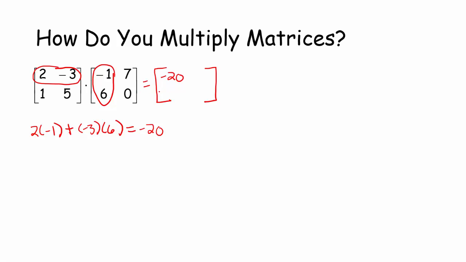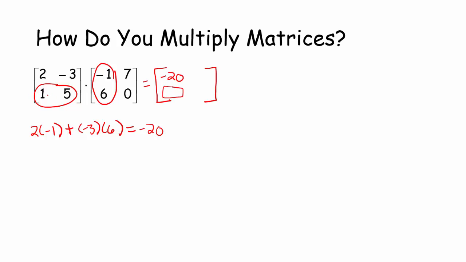and that result goes in the first row and the first column. And now I'm just going to repeat that process until the multiplication is completed. So if I take the second row and the first column and do the same process, the result is going to go in the second row in the first column right here.